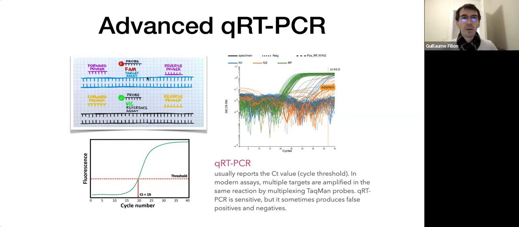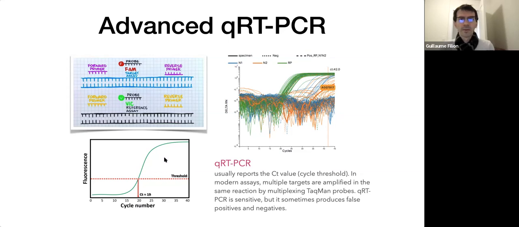So you can multiplex the reaction. That's why nowadays for these SARS-CoV-2 tests, you can test the positive control in the human genes, and then the 2 amplicons in the SARS-CoV-2 genome at the same time in the same tube.